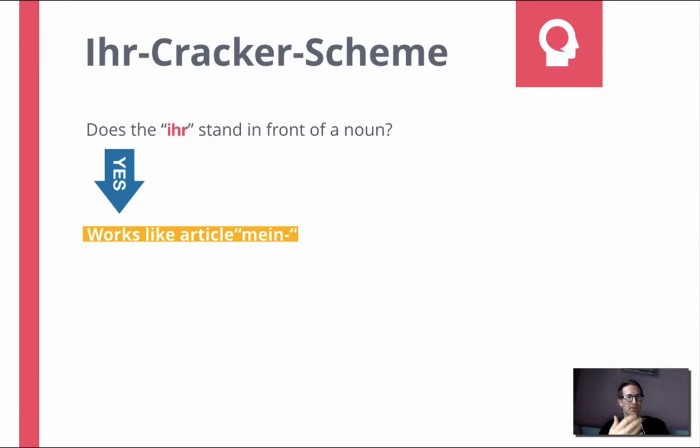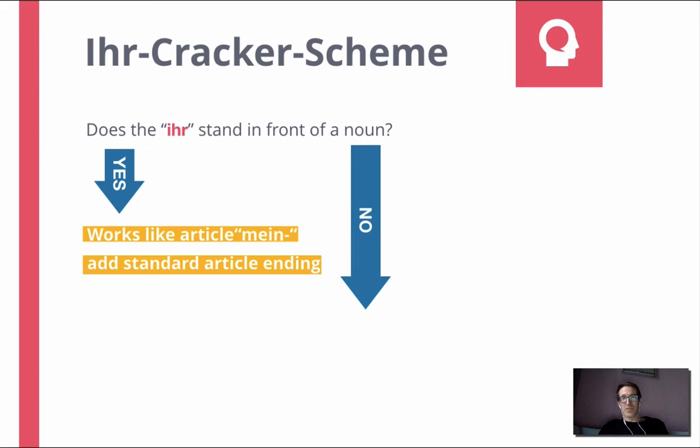So you can replace it with mein and therefore it's easier for you to figure out what ending needs to be applied. You add the standard article ending. If there is no noun following the ihr, just put an ihr there. Whether it's capitalized or lowercase, that's something that you will pick up intuitively as you go. Just put the ihr there. The important thing is it does never get an ending.